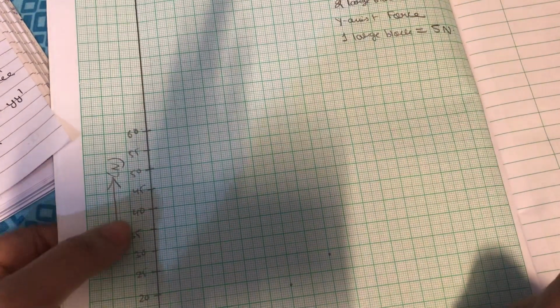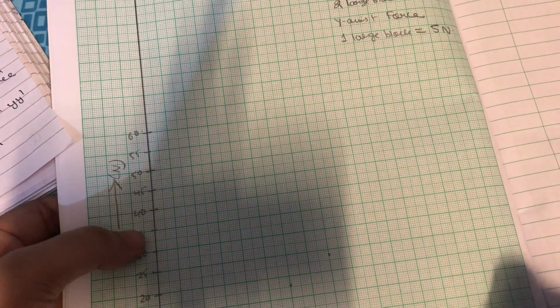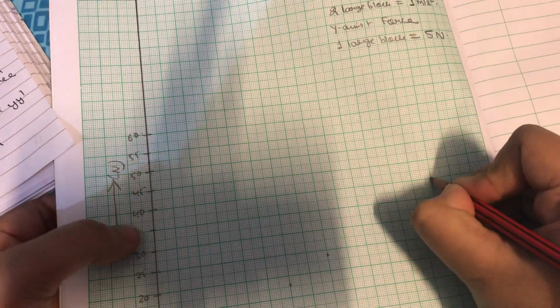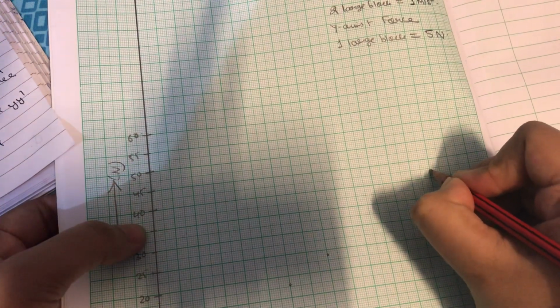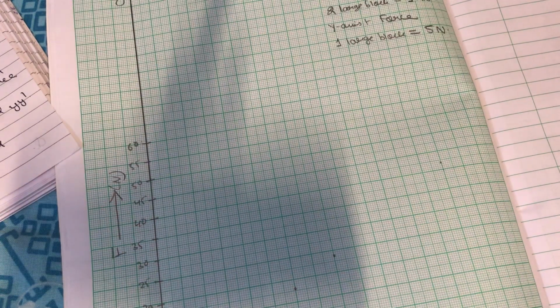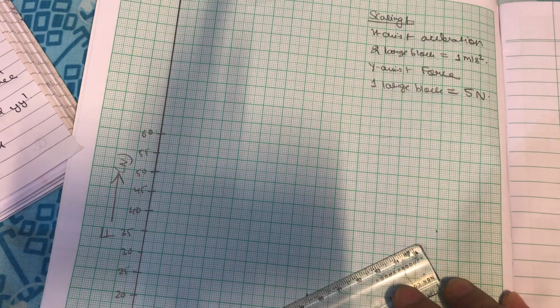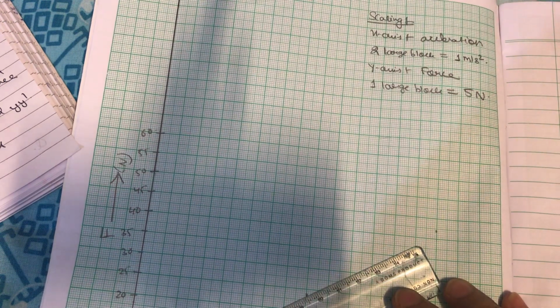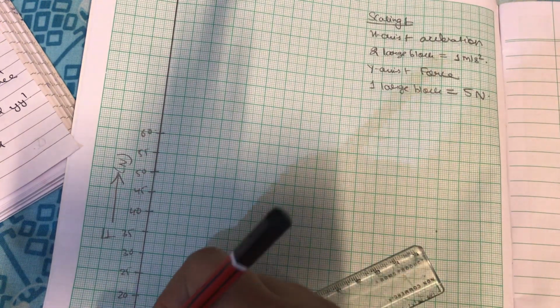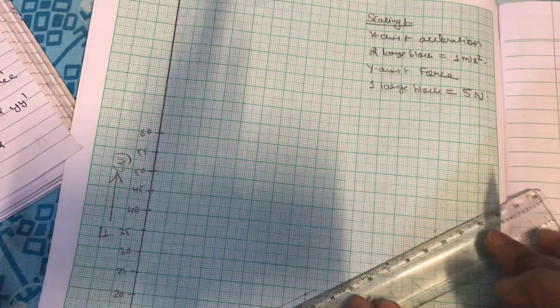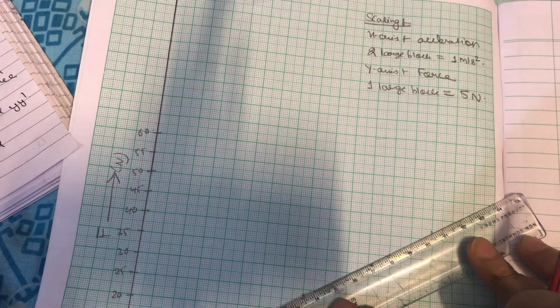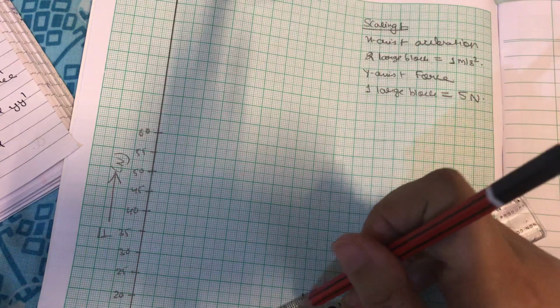This is my 7 and this is my 42. So here, once I have plotted all the points, I'll join them with the scale. So as you can see, keeping the alignment and joining all the points with the scale.